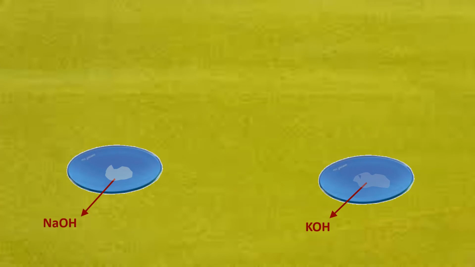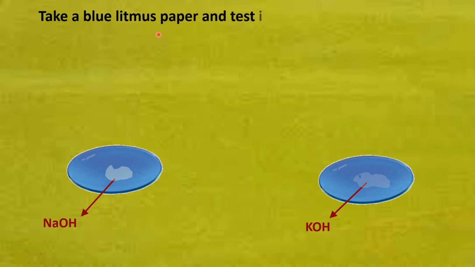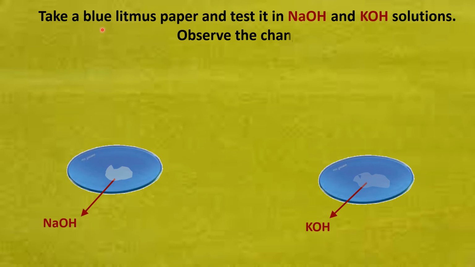Before going for the other solutions, first we'll test with the other litmus paper, that is a blue litmus paper, so that we'll come to a conclusion whether sodium hydroxide and potassium hydroxide change with red as well as the blue or not. So here we'll take a blue litmus paper now. We have just seen for red, now we'll see for blue.